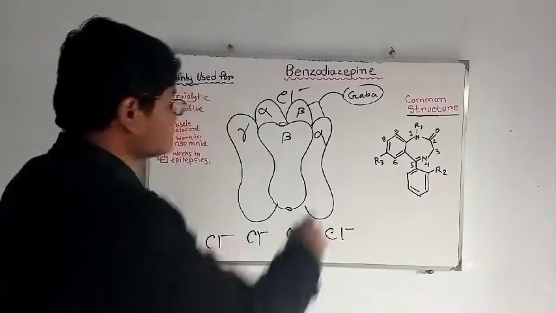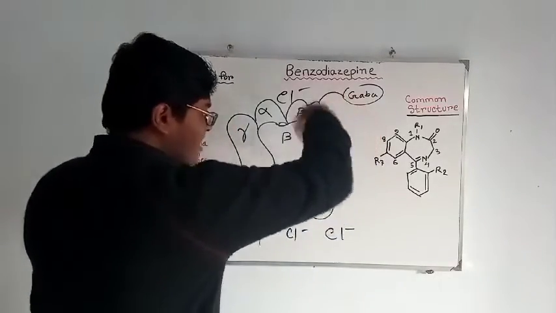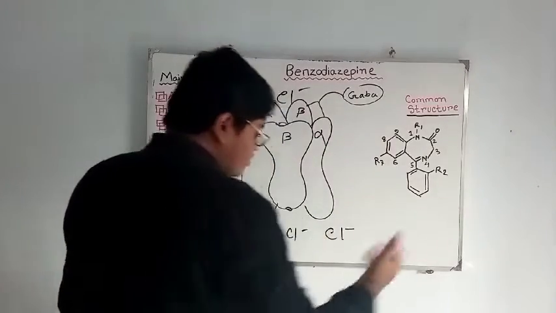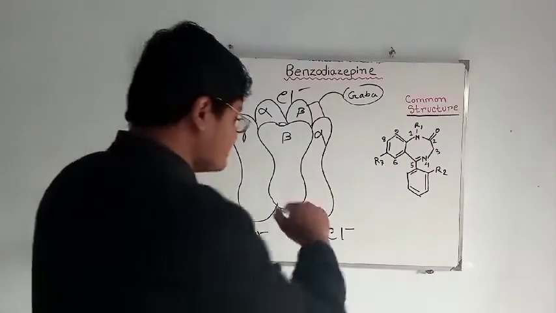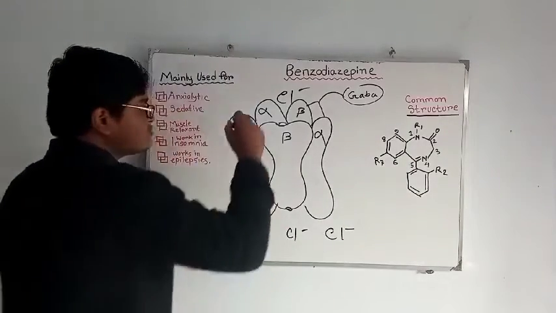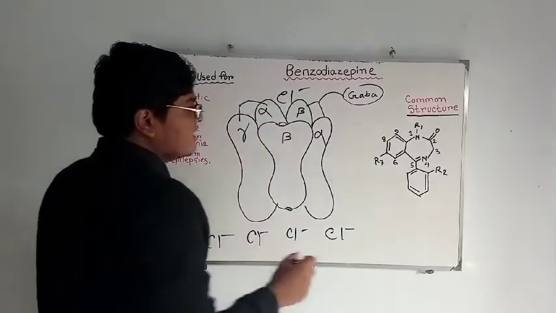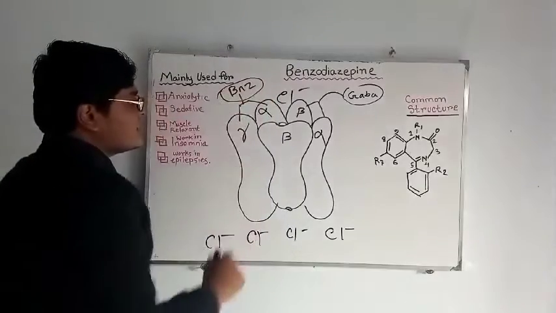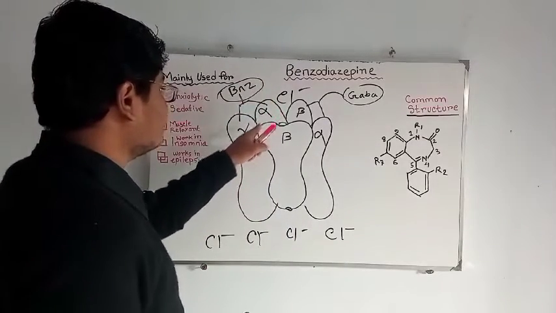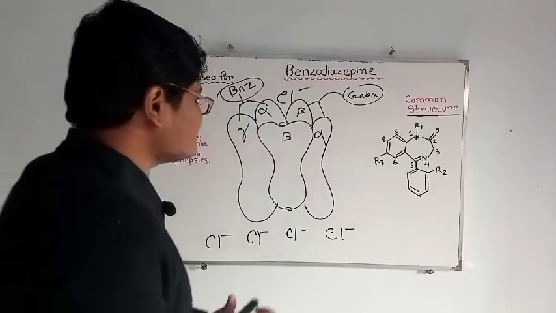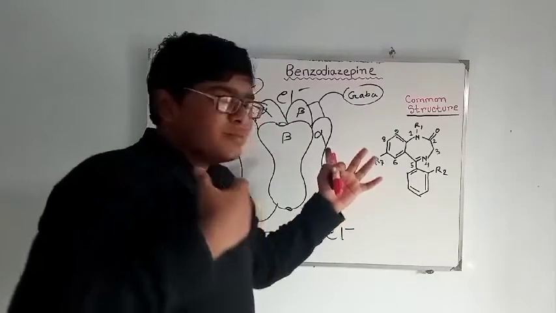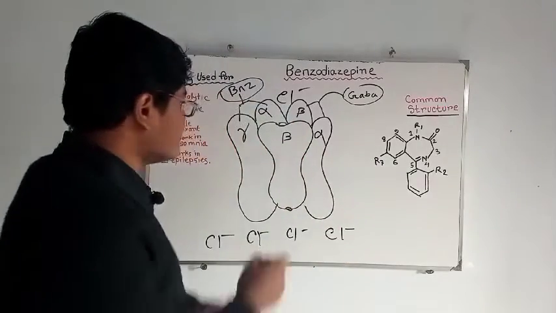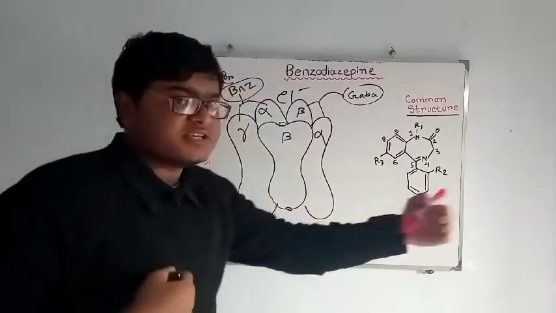So when GABA binds with the GABA receptor, it enhances the amount of chloride ion, a negative ion, inside our body. The other two positions are basically for benzodiazepine. Benzodiazepine attaches to the alpha and gamma positions and increases the permeability of chloride ion into the cell, and it lengthens the channel.